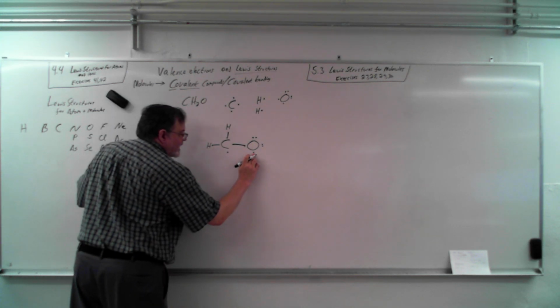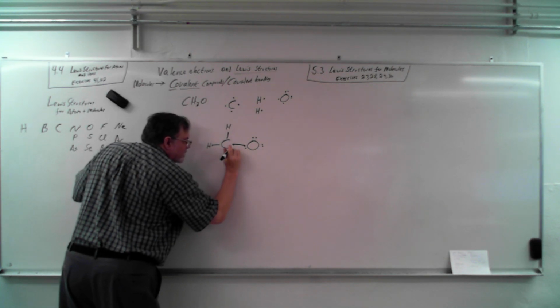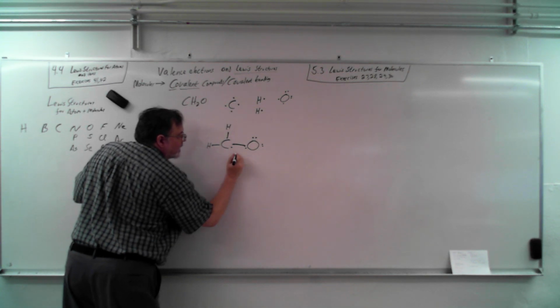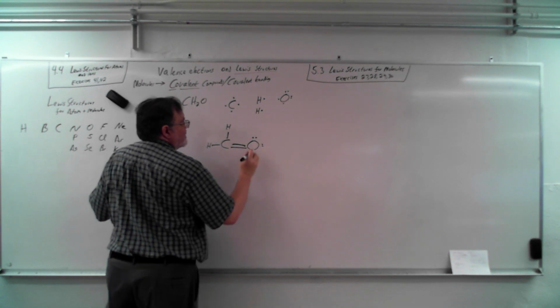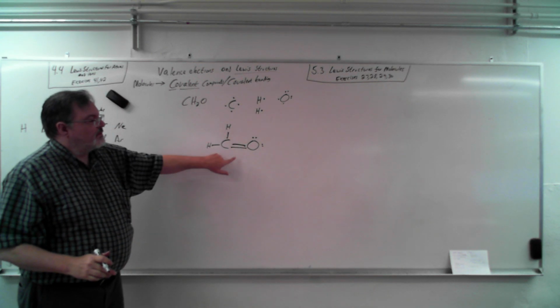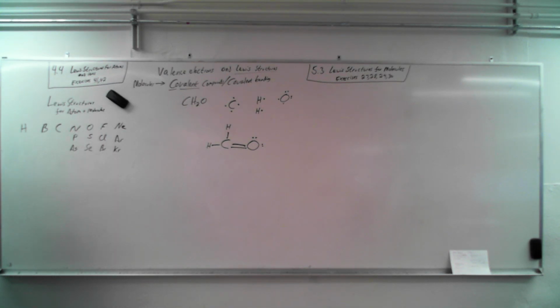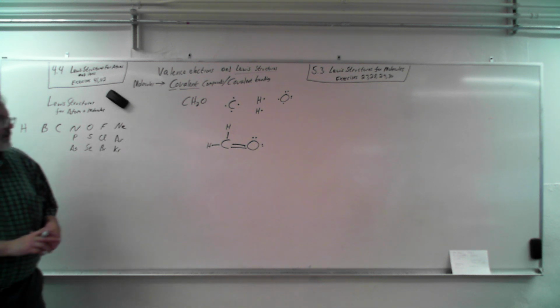So I can take this electron and swing it over here, and take this electron and swing it up here, and make one more bond. Now I've made a double bond. These are what we call single bonds, and this is a double bond. Now, what I've achieved is all the electrons are paired, and all my atoms that do follow the octet rule are now following the octet rule.